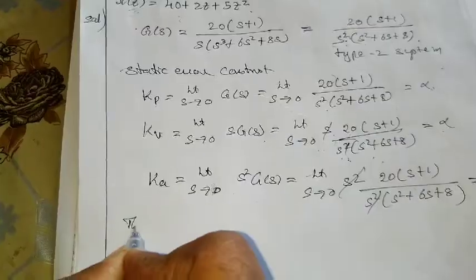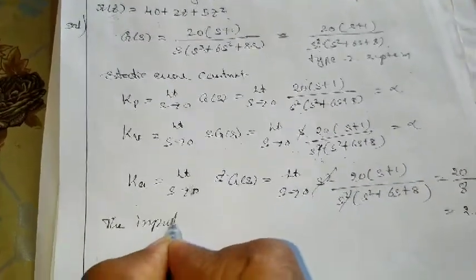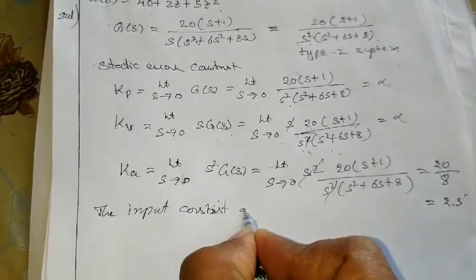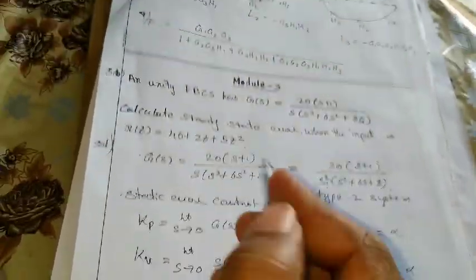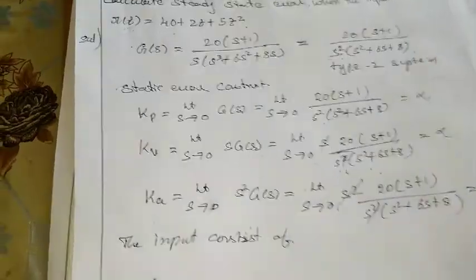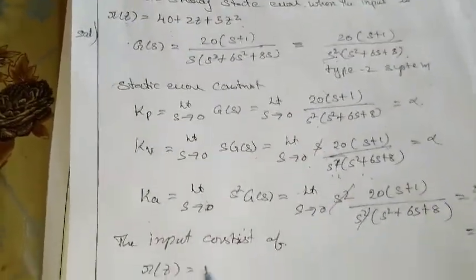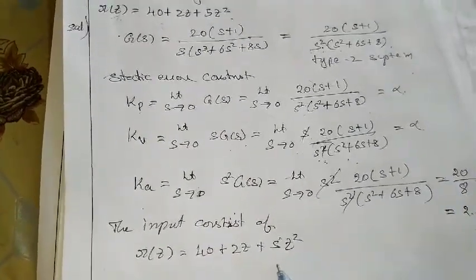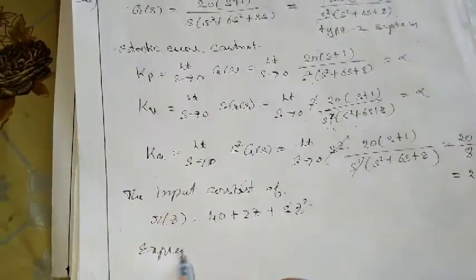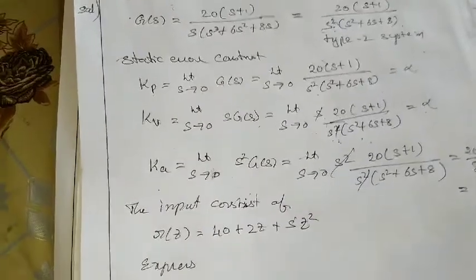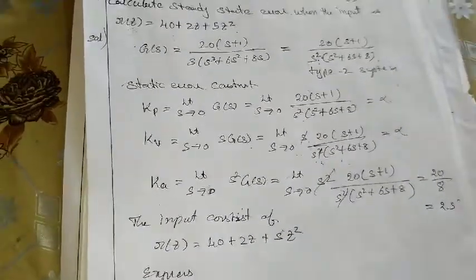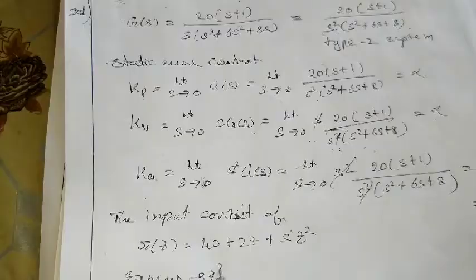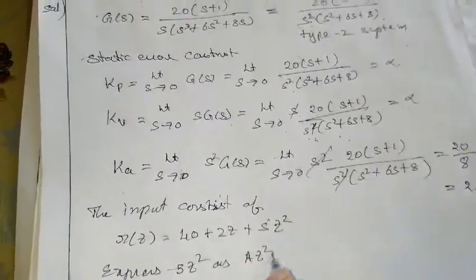The input consists of all the three types of inputs, that is r(t) = 40 + 2t + 5t^2.